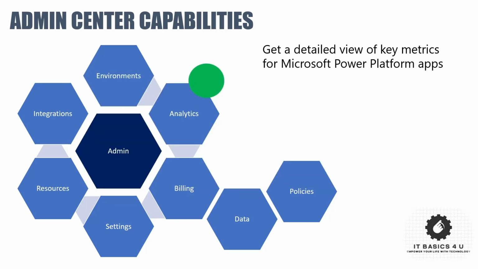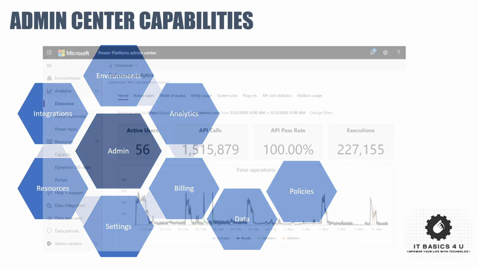Now moving on to the analytics side of it, right? This is another capability within your admin center, where you can do the analytics around all your environments, your applications, your APIs, your plugins. You can get all the information, all the insights about those components.